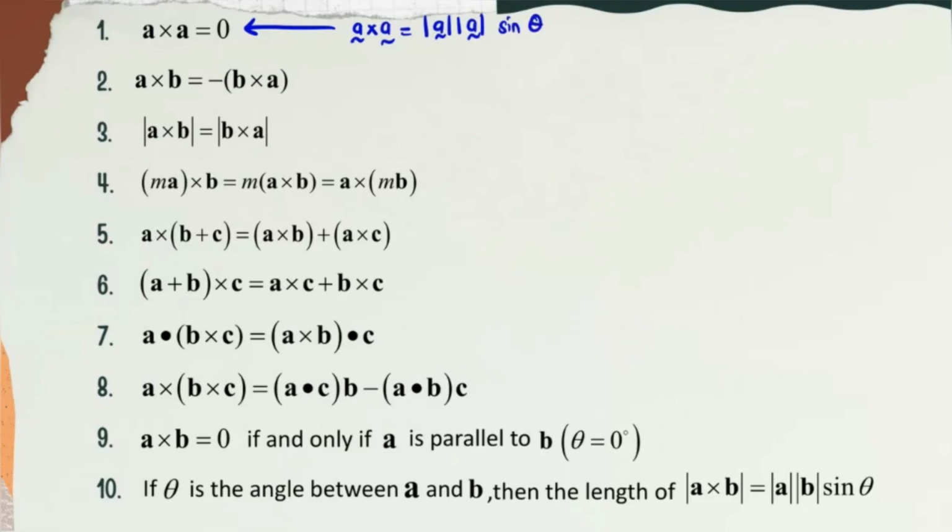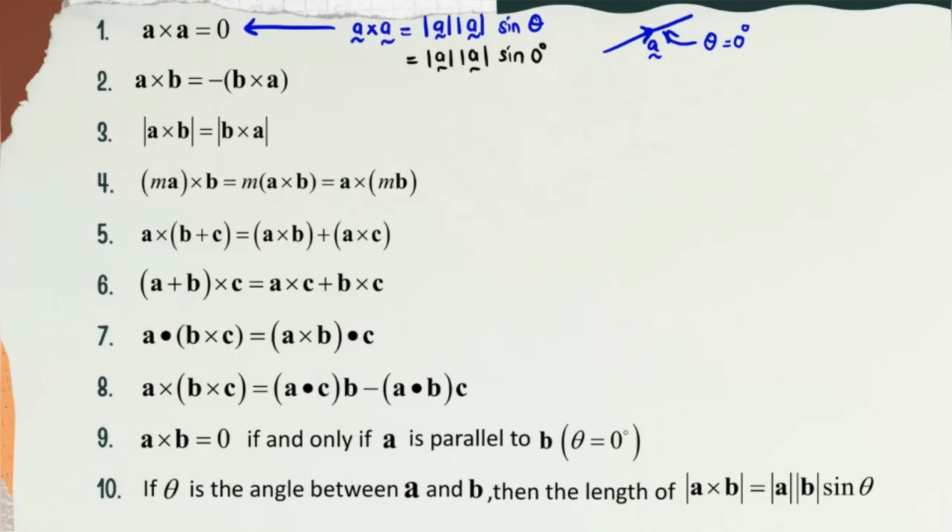sine of theta. Okay, so kalau A cross dengan A, let's say ini adalah vector A. Okay, kita cross dengan itself. So angle dia berapa? Kat sini kita tahu bila dia cross itself, theta will be 0 degree. Kan? So bila gantikan 0, magnitude of A sine 0.